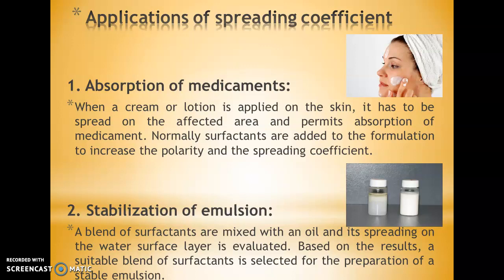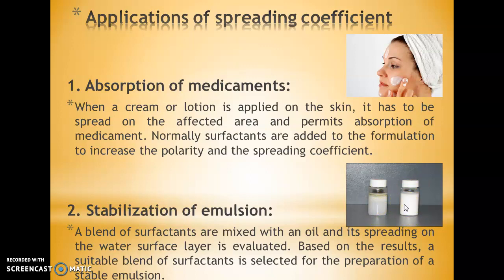Again, spreading of the oil can occur by the addition of a surfactant. The surfactant induces polarity in the non-polar oil molecules, helps spread the oil droplets throughout the continuous water phase, and improves the stabilization of the emulsion. As we can see in this picture, initially the oil phase and water phase are immiscible with each other, but after the addition of the surfactant, a proper emulsion is formed.